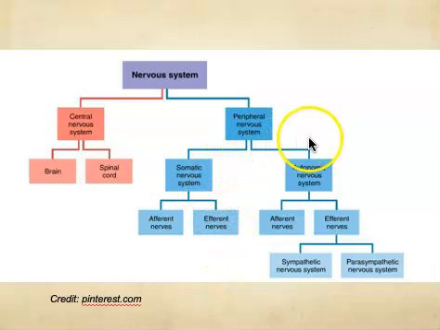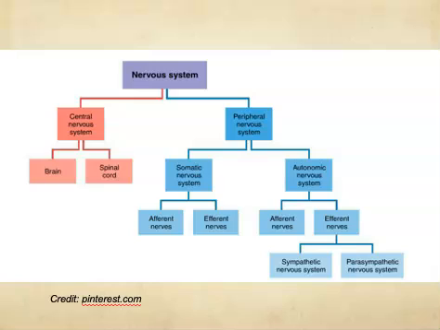The same is true of the autonomic or involuntary peripheral nervous system. There are nerves that carry information towards the central and nerves that take information away from the central. And of course, we can break down further the involuntary side of the peripheral nervous system into sympathetic and parasympathetic.